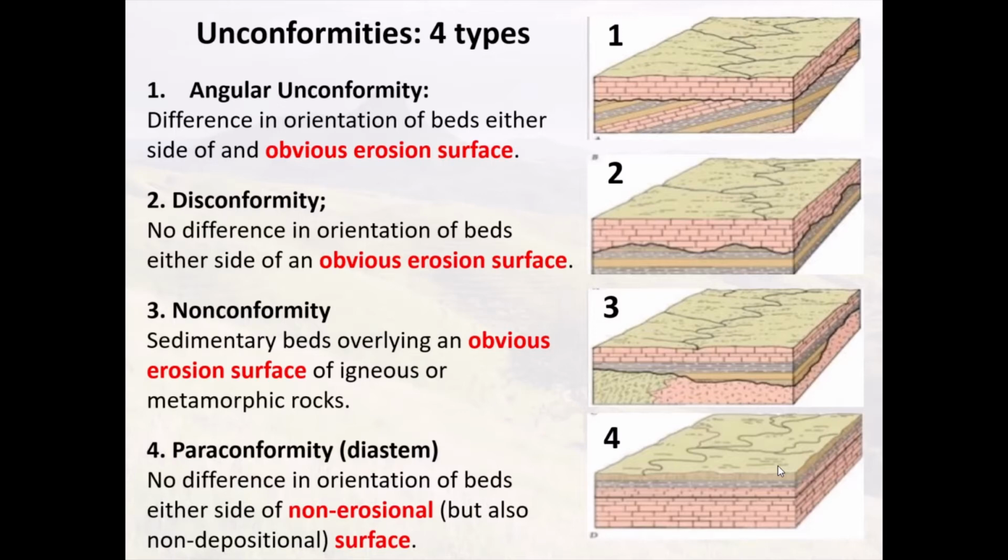A disconformity is where there's no real difference in the orientation of the beds, but there is an obvious erosional surface. So you can see the beds beneath the unconformity have obviously been eroded. There's an irregular erosional surface, but the layering in the beds below that erosional surface is similar or more or less the same as the younger beds deposited on top.